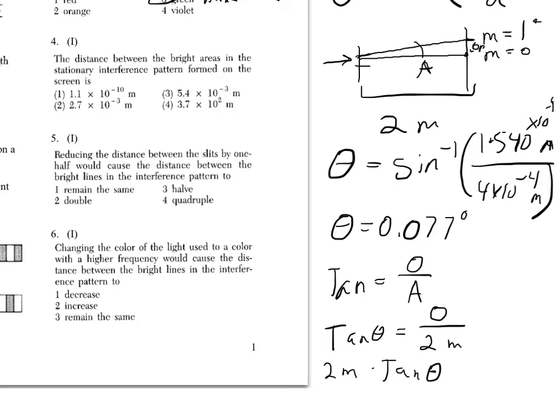In this case, theta was 0.077 degrees, so 2 times the tangent of 0.077. And I get that my opposite is 0.0027 meters, so about 2.7 millimeters, which is the answer 2.